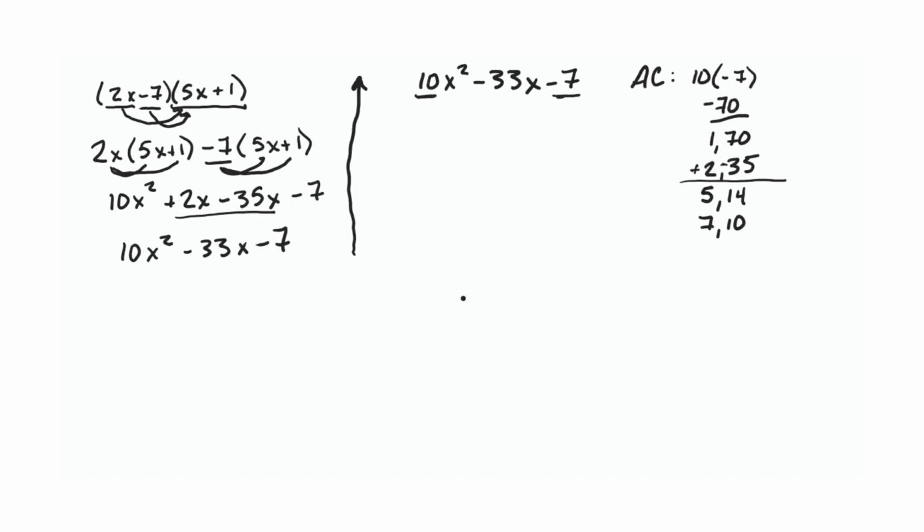What are we going to do with these two numbers? Well, we're going to take our middle term and split it into two terms. So our first term stays exactly the same. Our middle term is going to break into two terms, keeping the same variable and using the coefficients we just determined.